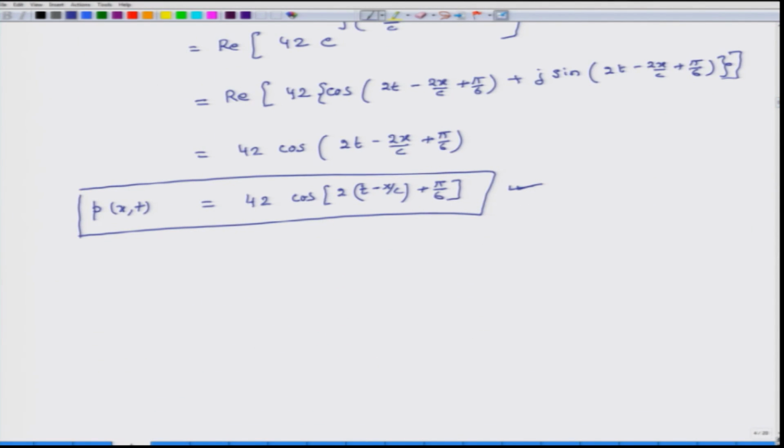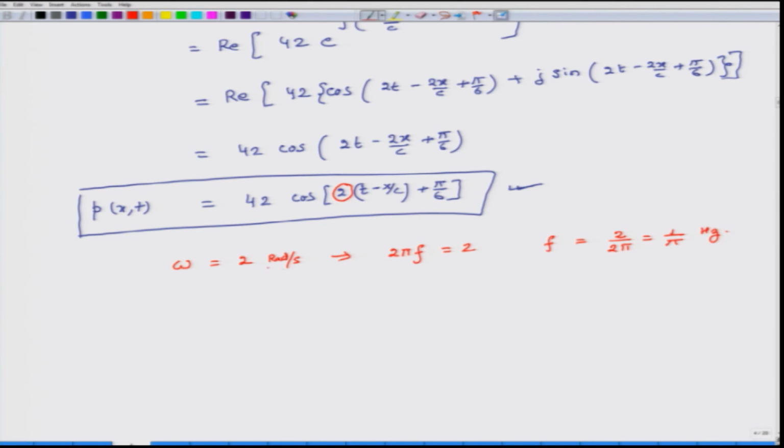The other thing is, what does 2 represent? Here the wave is travelling in such a way that its angular frequency omega is 2, or we can say that 2 pi f is equal to 2, or its frequency is equal to 2 over 2 pi, or 1 over pi hertz, and here the units are radians per second.